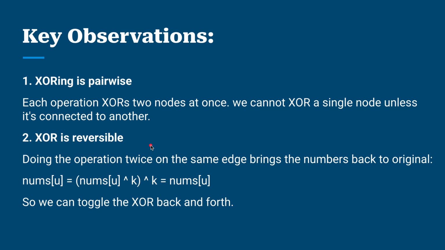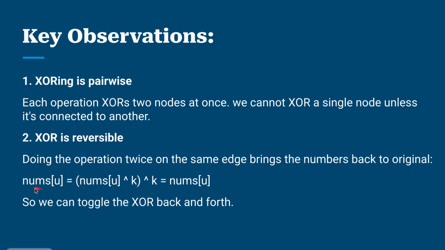The XOR is reversible. Doing this operation twice on the same edge brings the numbers back to the originals. So if you do an XOR, you can apply it again to the same nodes. Let's suppose in this example you do the operation 2 times, what will happen?